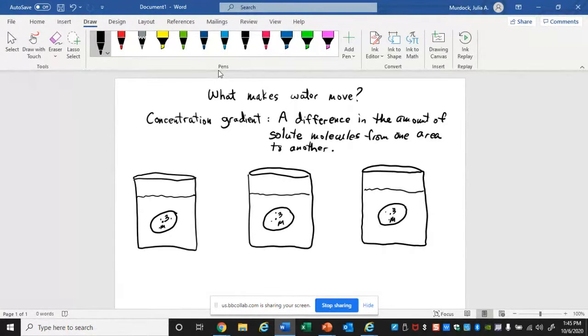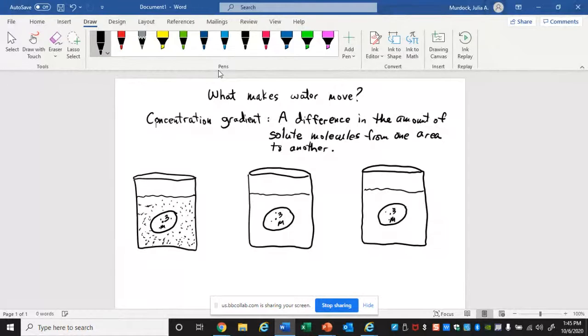Outside each one of the red blood cells, we're going to have a different concentration of salt. So let's say out here, lots of salt. There's a lot of salt in this very, very salty water. It's a very salty solution that we put this red blood cell in. Sorry, I'm trying to make dots and I'm being a little sloppy here. So we've got lots of dots out there, a very high concentration of salt.